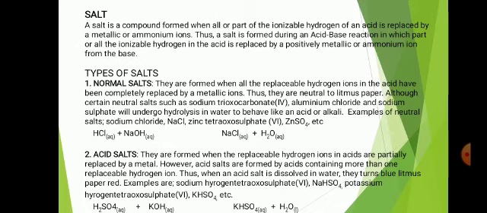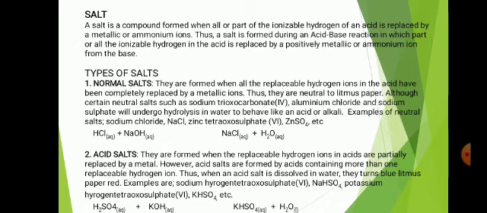You still have part of the ionizable hydrogen ion being part of that salt. So when such a salt dissolves in water, it shows the property of an acid by turning blue litmus paper red. An example of such a salt is sodium hydrogen tetraoxosulfate VI. When it dissolves in water, it behaves like an acid.